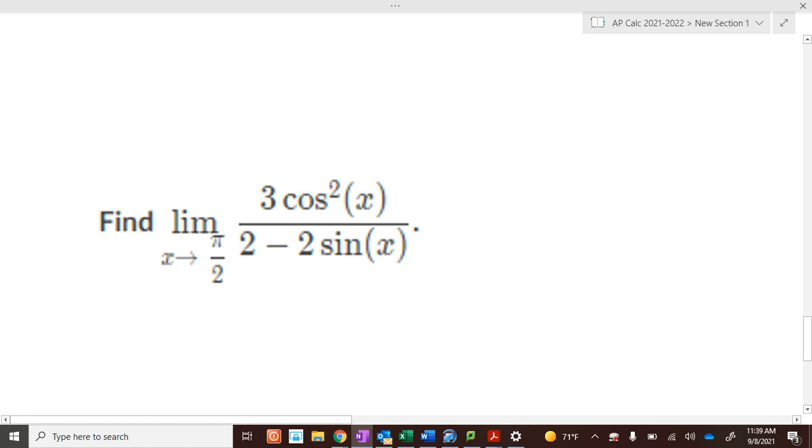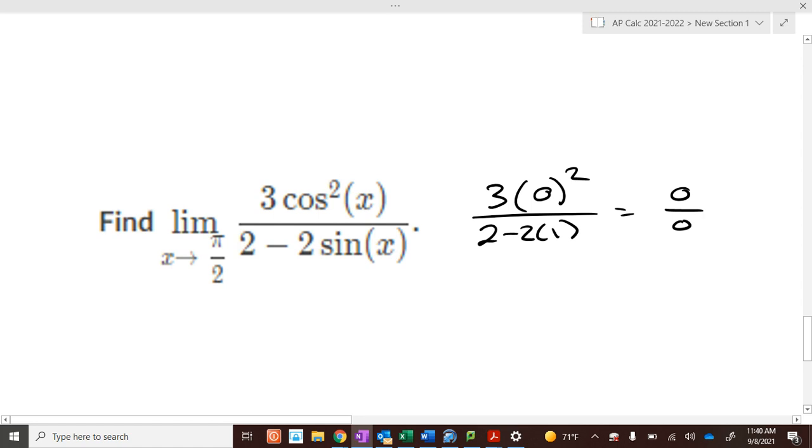Okay, if we put pi over 2 in here, the cosine of pi over 2 is 0, 3 times 0 squared. The sine of pi over 2 is 1, so it's 2 minus 2 times 1. So we get 0 over 0.